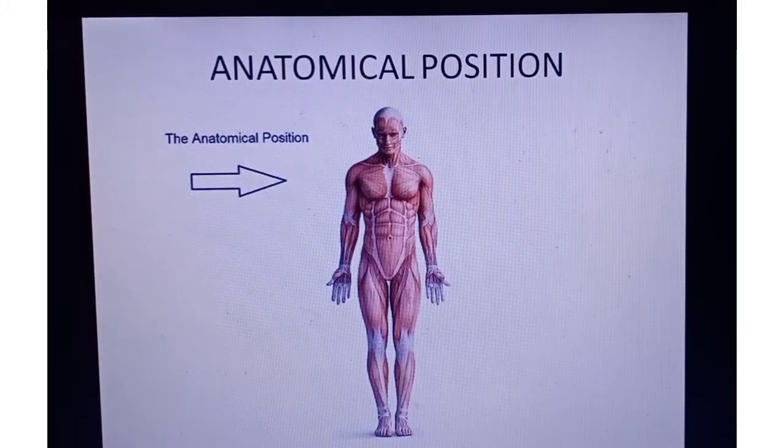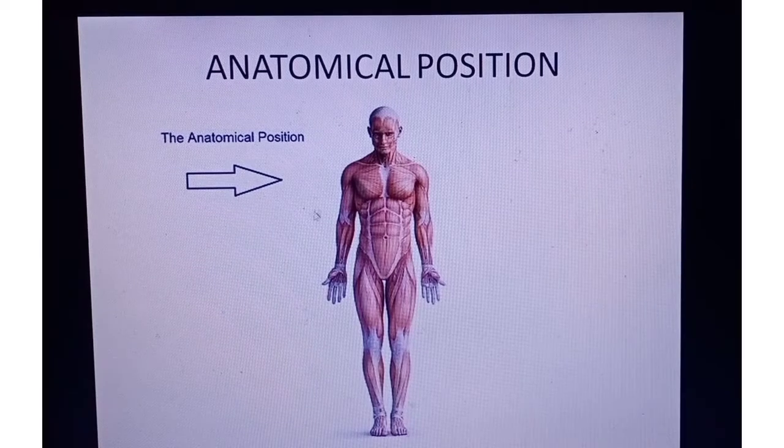So see this human anatomy diagram. The body is erect, as I told you, the first point. This body is straight and erect. And the other thing that I told you was palm and forearm would be supinated. So this is supinated, right? So this is your standard anatomical position for naming the terminologies of directions in anatomy.